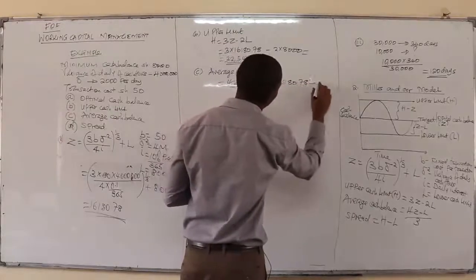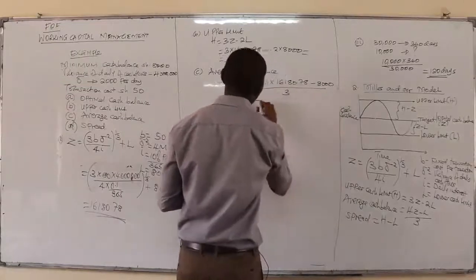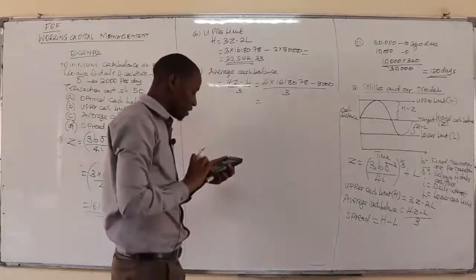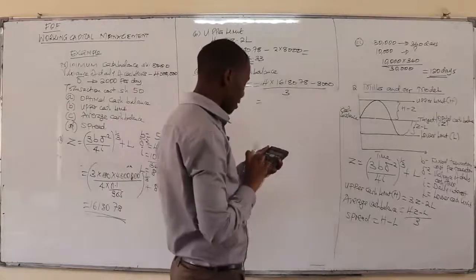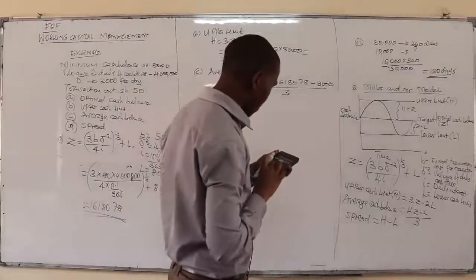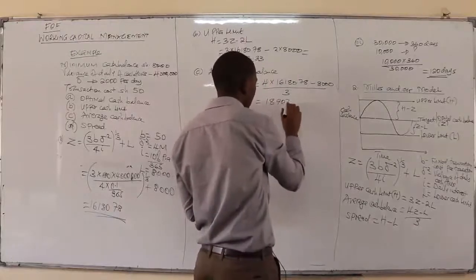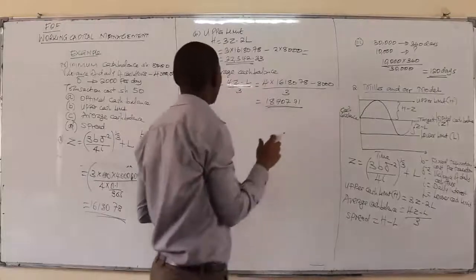You minus 8,000, then you divide by 3, which in that case is 18,907.71. That is the average.